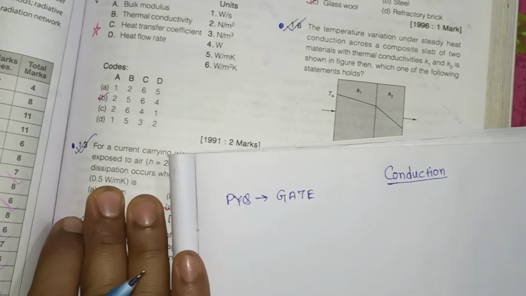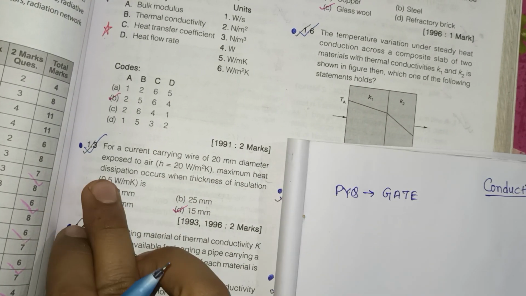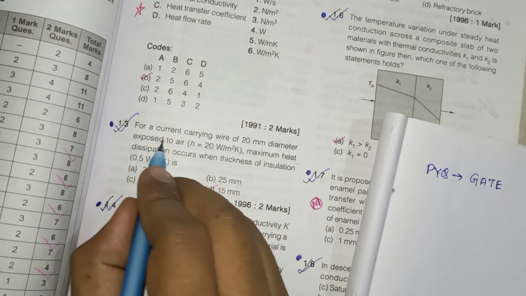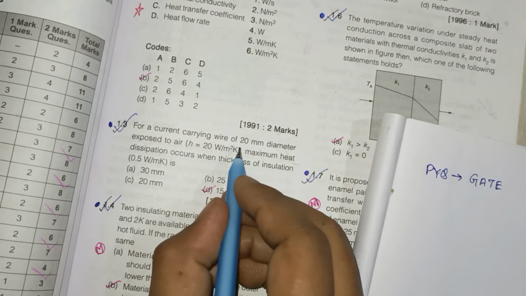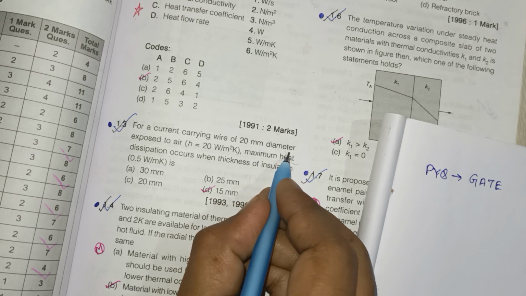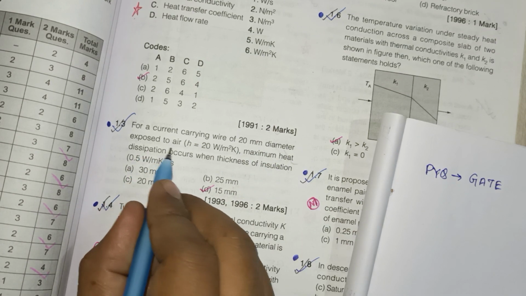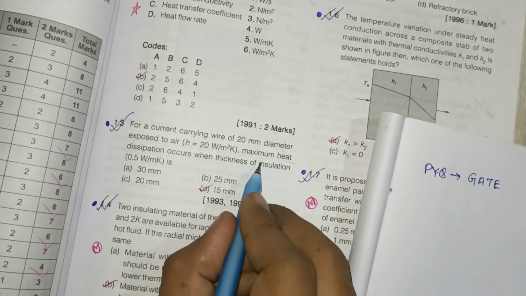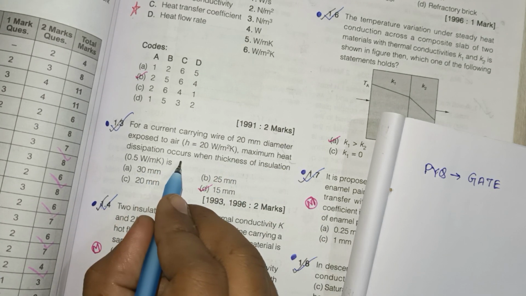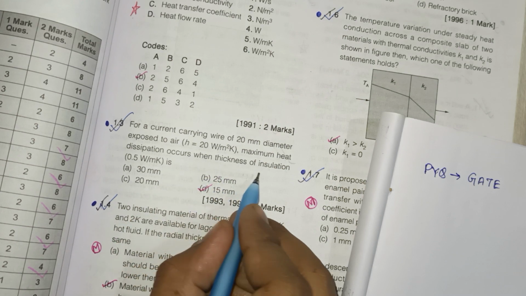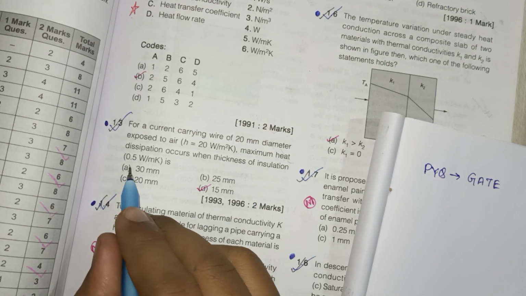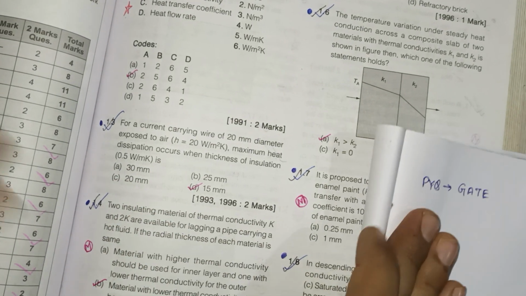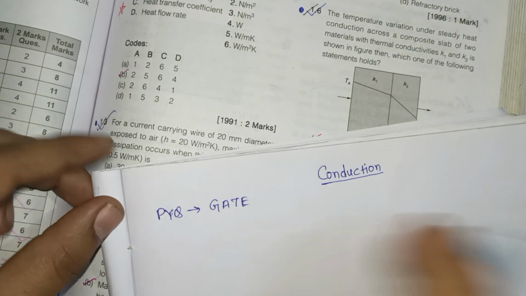Suppose there is question number 3. For a current carrying wire of 20 millimeter diameter exposed to air, h equal to 20 watt per meter square Kelvin, maximum heat dissipation occurs when the thickness of insulation is... So first, what is given in this question?